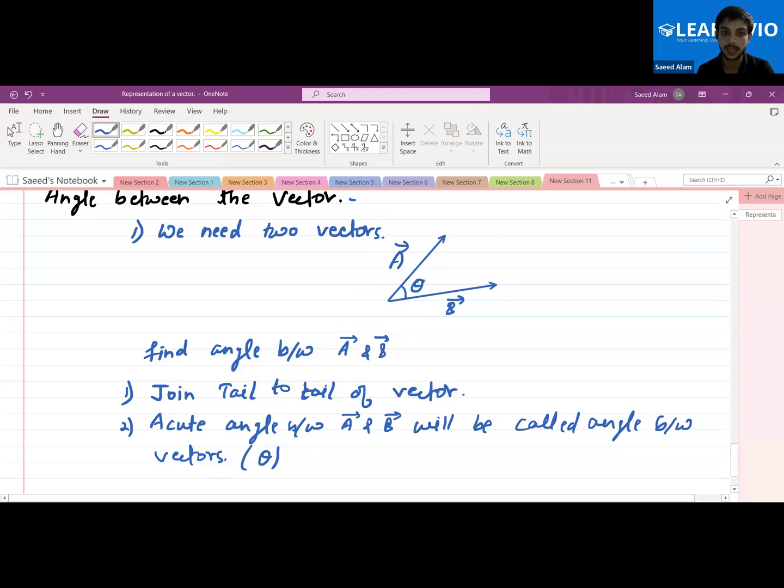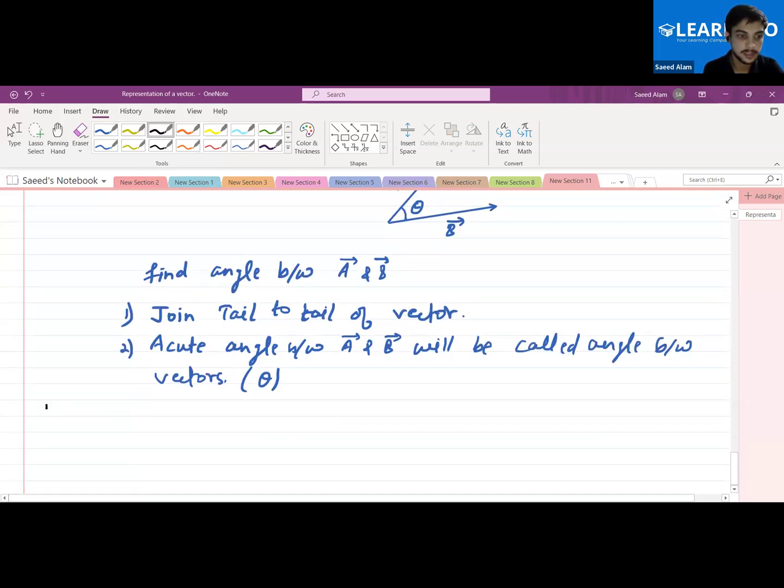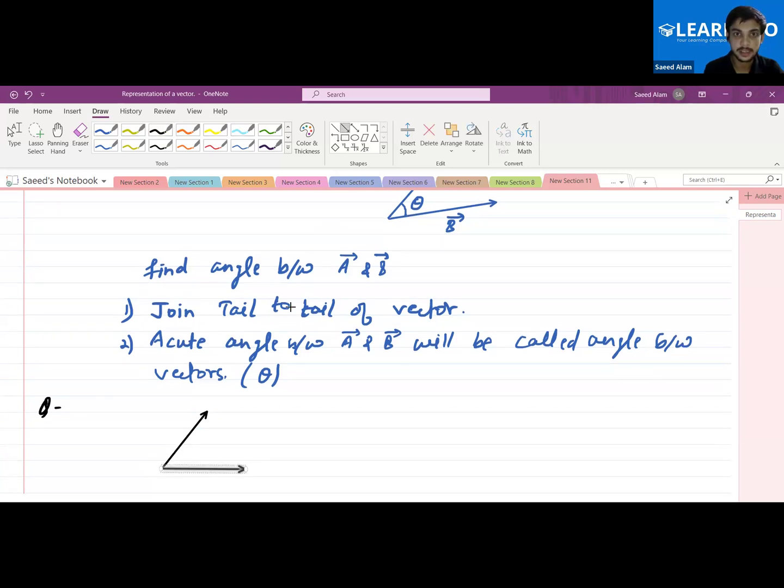Okay, should I give you some questions here? Sure. Let's say that you have this figure, and this is the vector that I have taken here.